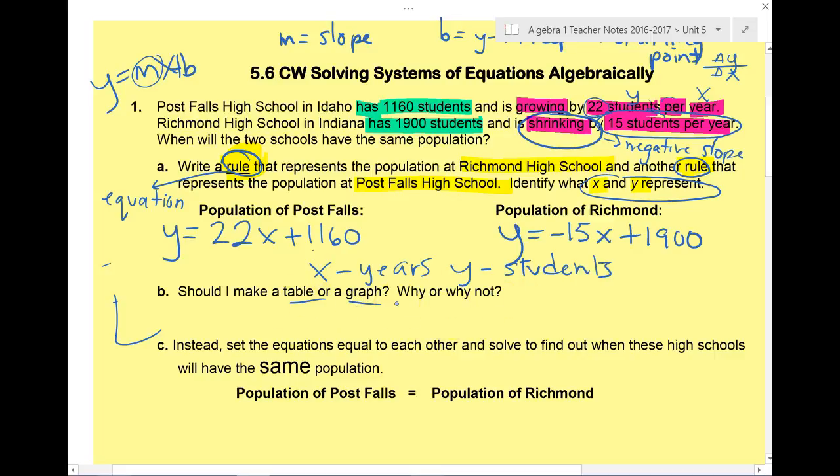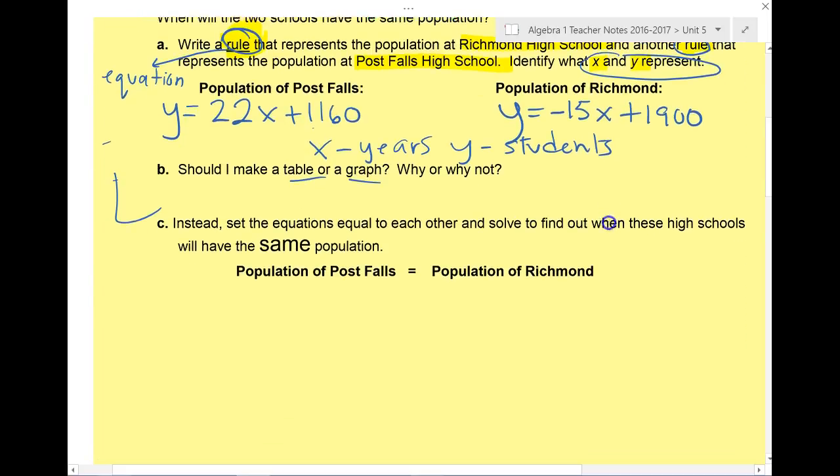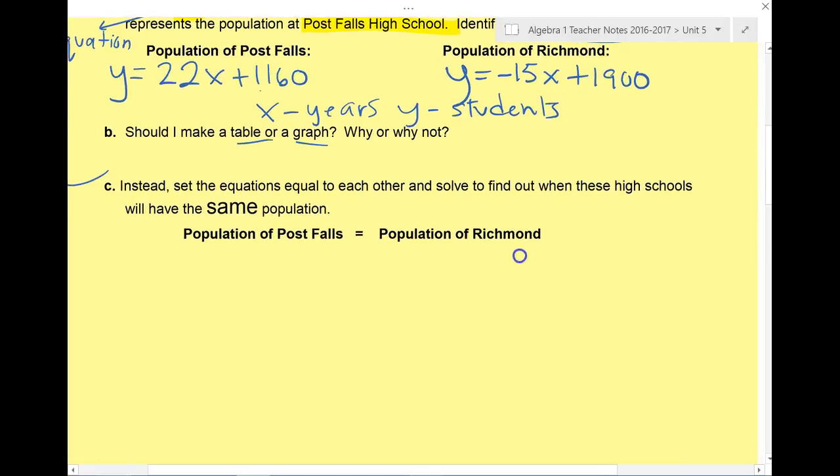We do have another way, and that's solving algebraically, and that's what we're doing today. Instead, we're going to set the equations equal to each other and solve to find out when these high schools have the same population. Remember, in the last notes we were trying to figure out where they're the same. We're doing that here.